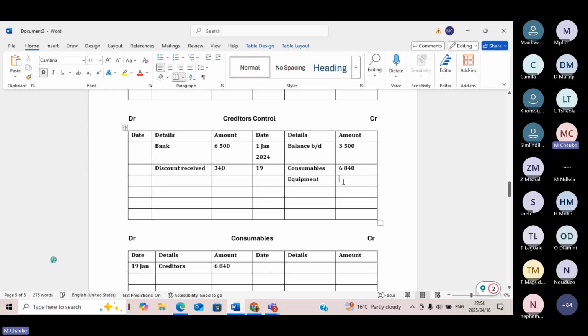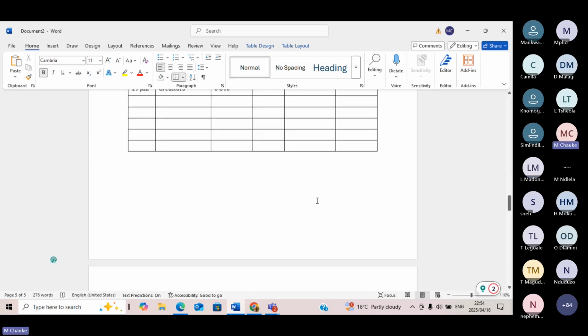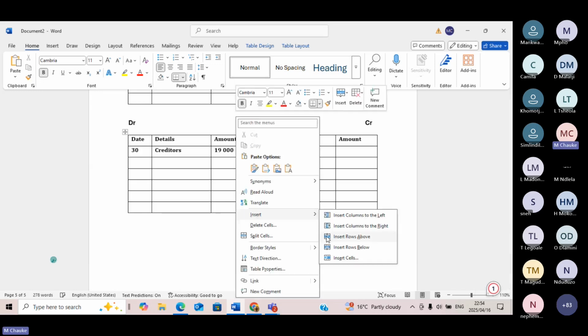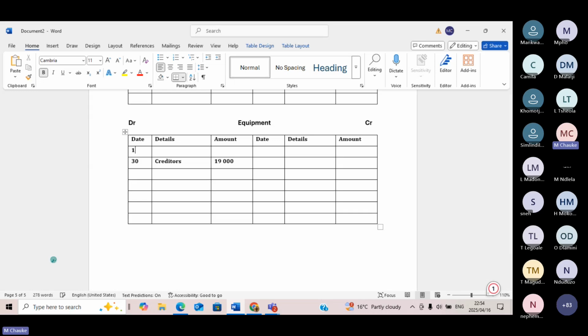Okay, that's all. There's an opening balance for equipment of 60,000. Yes. Okay, let's just do the right thing there. Thank you for that. So this one is gonna be 1 January 2024, and we can indicate that. And then it's gonna be a balance, because remember equipment is an asset.